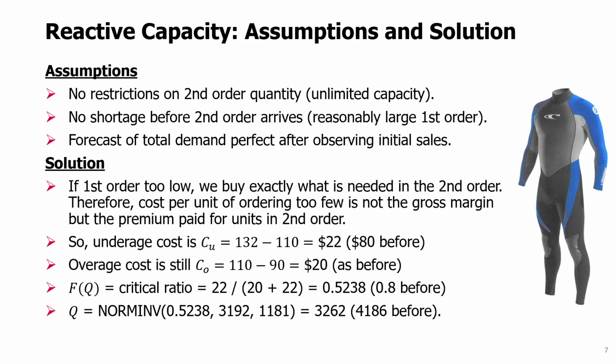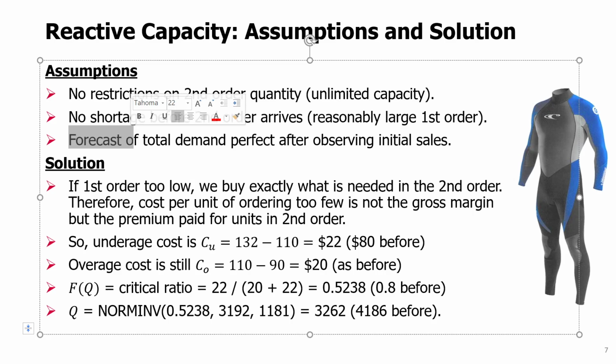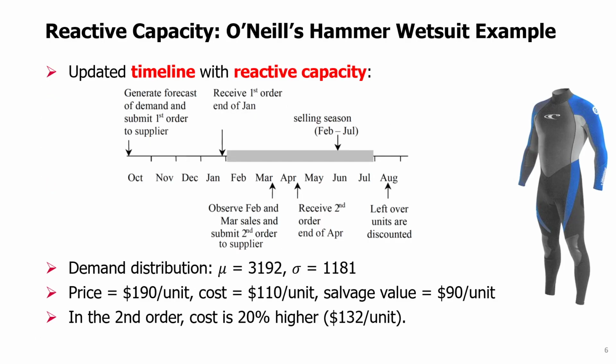And the third assumption is that the forecast of total demand will become perfect after observing initial sales. So what I mean by this is that at this point, after the first 2 months of sales, our forecast is no longer uncertain. We know exactly how much more we will sell in the remaining 4 months, and if we don't have enough units, we will order exactly whatever is necessary in the second order quantity for the remainder, right?